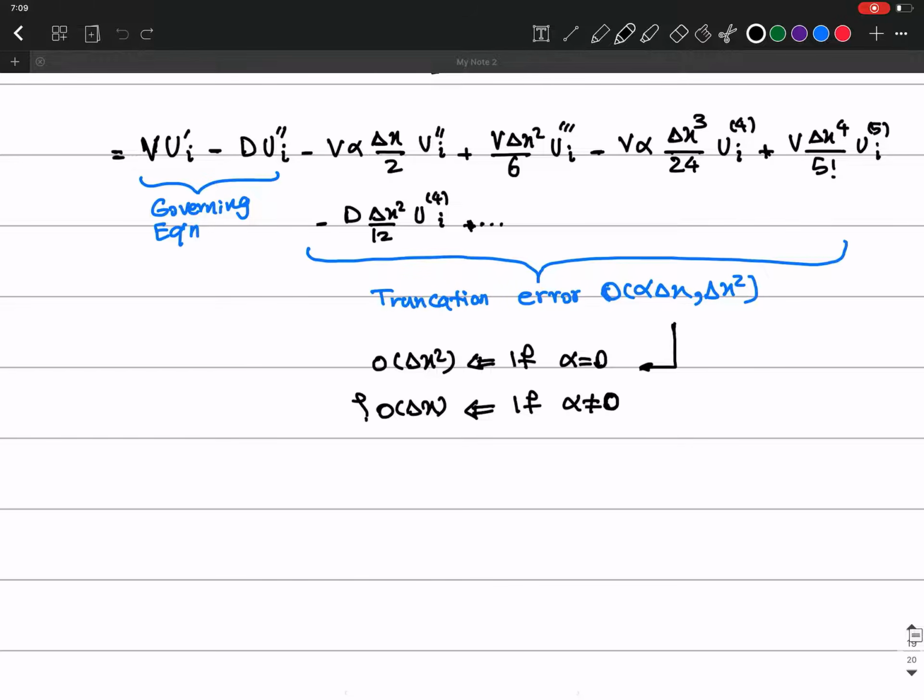Okay, so I want to raise an interesting question: can we choose alpha such that the order of approximation increases?